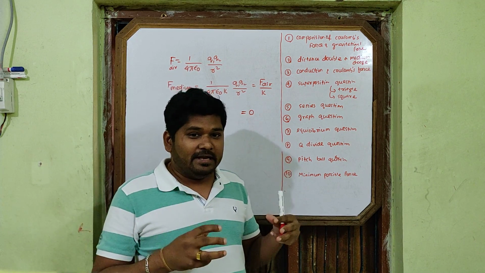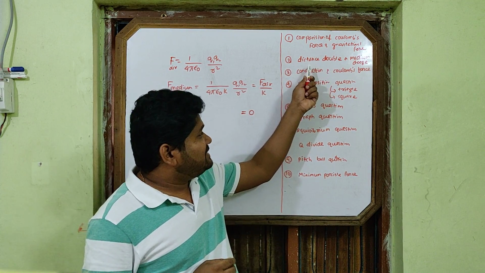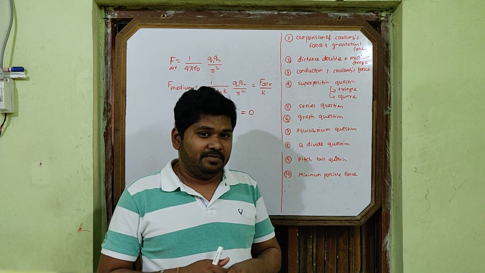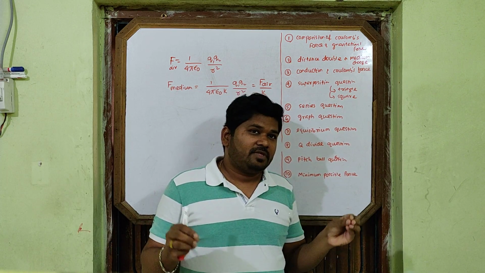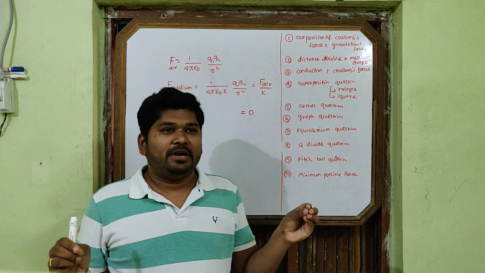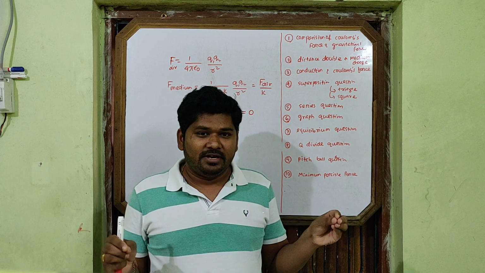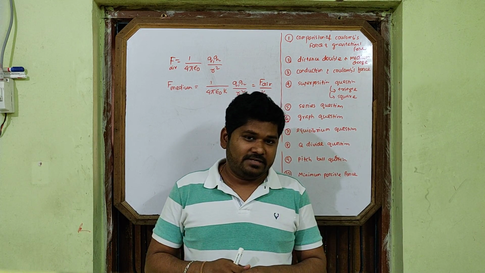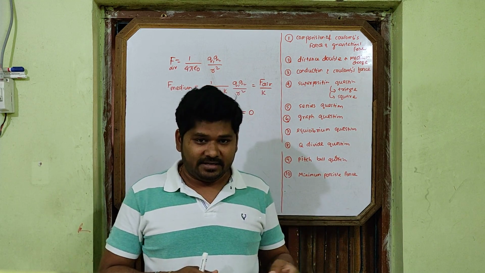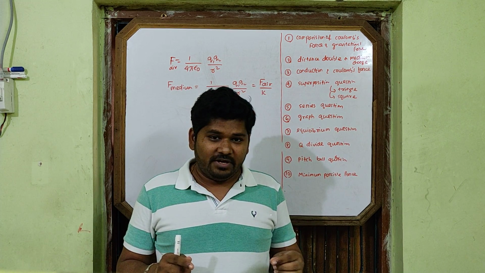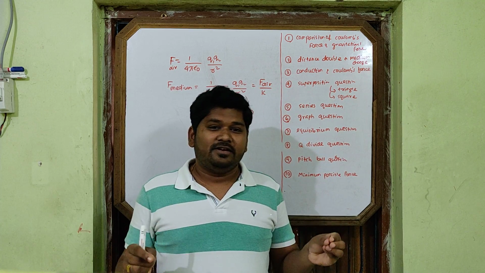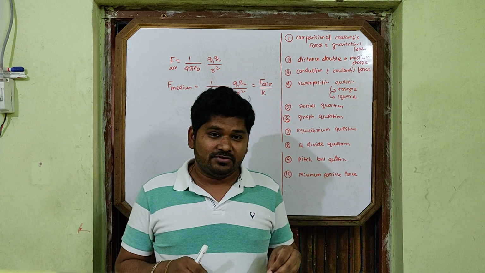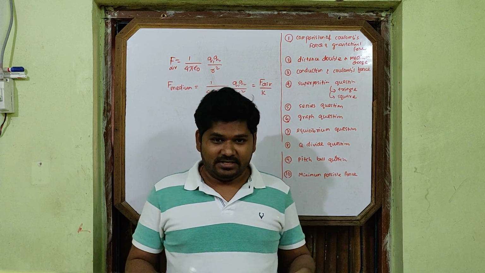Now I am combining both medium change and distance change. Another question I am telling you, combining them. The question will be like this: two charges separated by some distance exert force F on each other in air. If a medium of dielectric constant K is inserted, to get the same force, what will be the new distance?